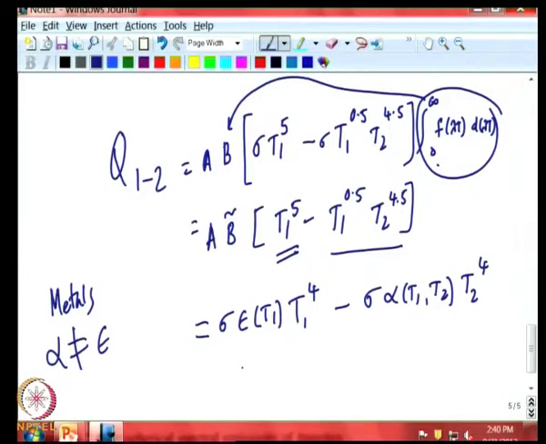So, when alpha is not equal to epsilon, then you have a result which is of this kind, but you recall that this could be written, and if sigma is absorbed in that definition as b tilde into T 1, that becomes this, and this is b tilde under root T1 T2, and hence this becomes. So, that is how this emerges.